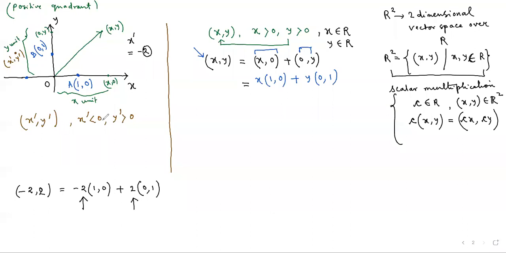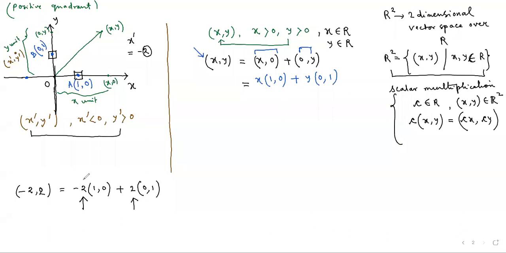Suppose x prime and y prime, this coordinate is there. We don't have to put any quadrant. If we consider any quadrant, first, second, third, fourth, these 2 points 0, 1 and 1, 0 will actually work, because whether the quadrant is negative or positive, it will be defined by the value of the scalar.